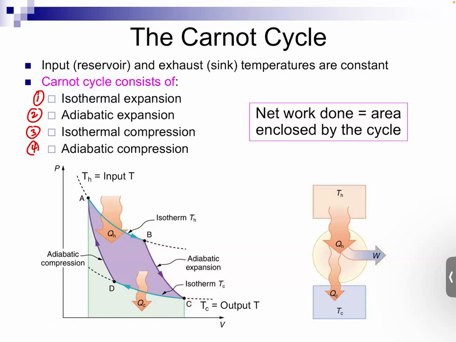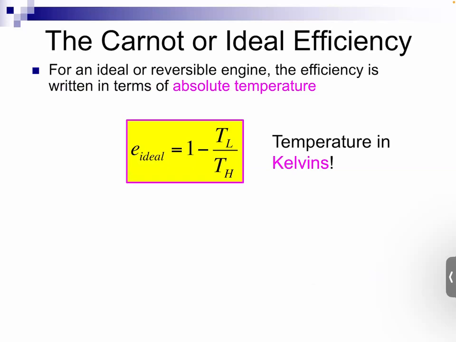So the idealized or Carnot cycle in an idealized or Carnot engine involves isothermal and adiabatic processes. And because they're temperature dependent, we can then define the efficiency of the Carnot engine in terms of absolute temperatures. Right, so compare this to the efficiency of the real engine that we saw yesterday.